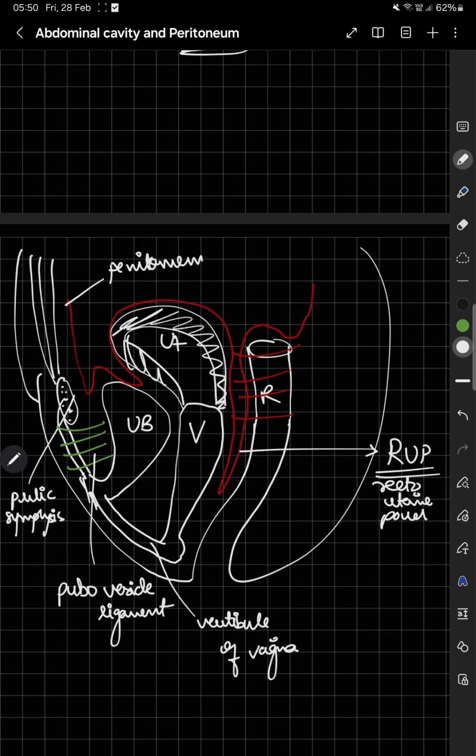This is our recto-uterine pouch, and there's apparently a small bud which is known as our perineal bud. Okay. Fine.